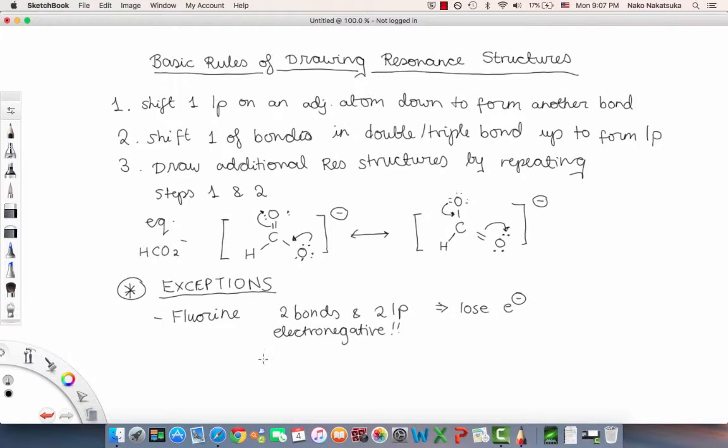As an example, let me draw you this picture. If we have CH2, and then a double bond to C, fluorine, and then a hydrogen. Let me draw out the lone pairs on the fluorine. This fluorine could potentially, following the rules that I wrote above, shift these lone pairs onto this bond, and then this bond would be shifting lone pairs onto the carbon, right? And so in theory, you would think that this structure exists.